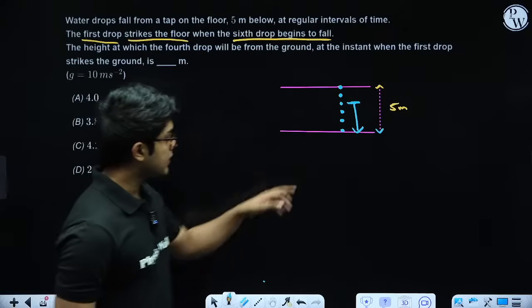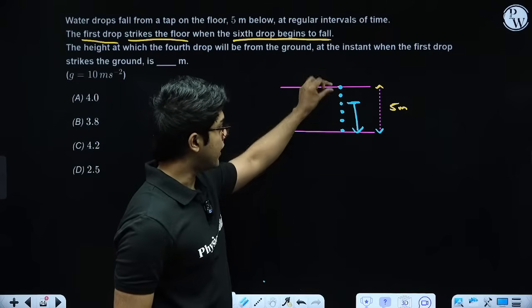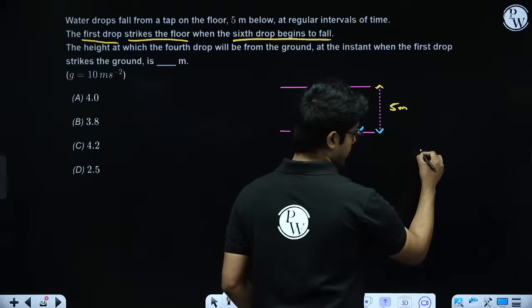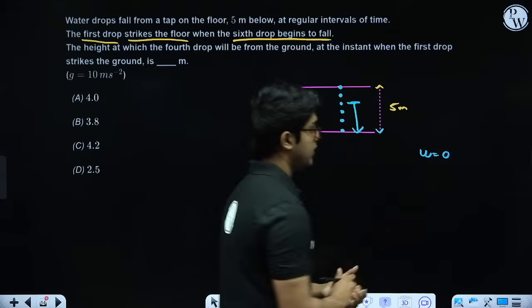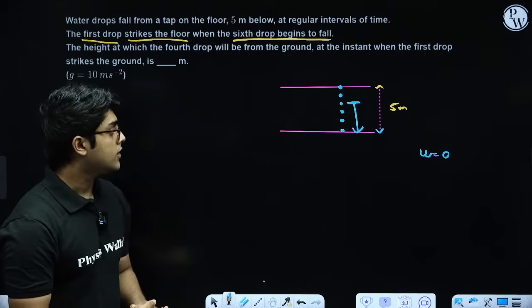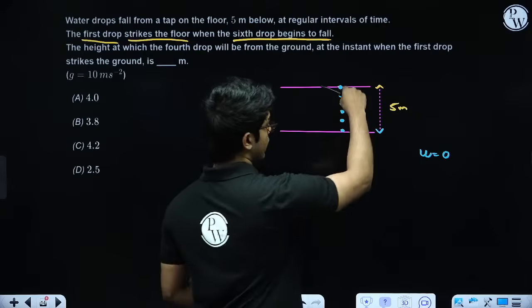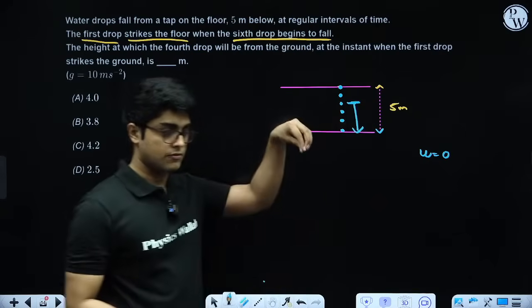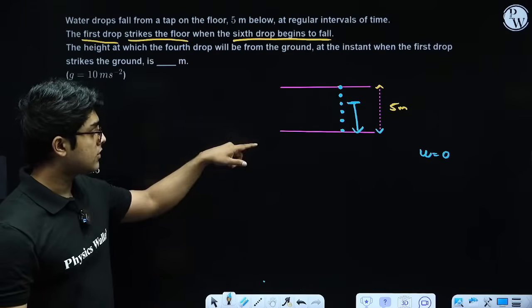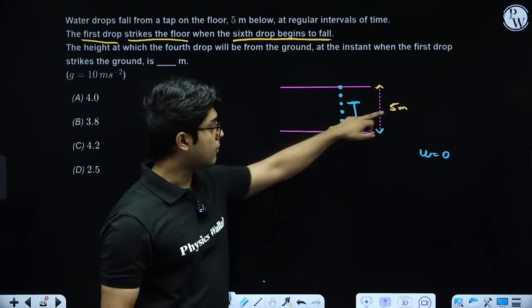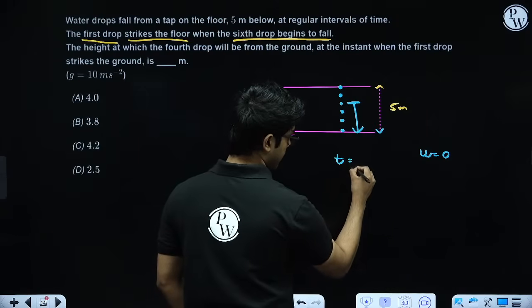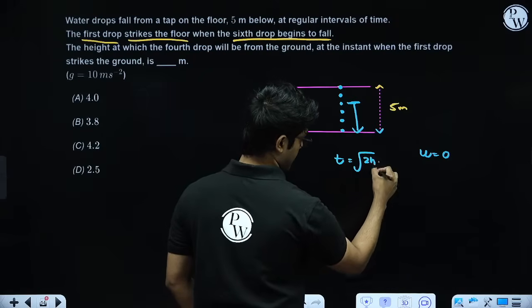The first thing is that the first drop, when it fell from the tap, its initial velocity would have been 0, right? Because it's just starting to fall. If something falls with an initial velocity of 0, and we want the time it takes to fall by a distance of, let's say, 5 meters, that time we can get by root of 2h by g.